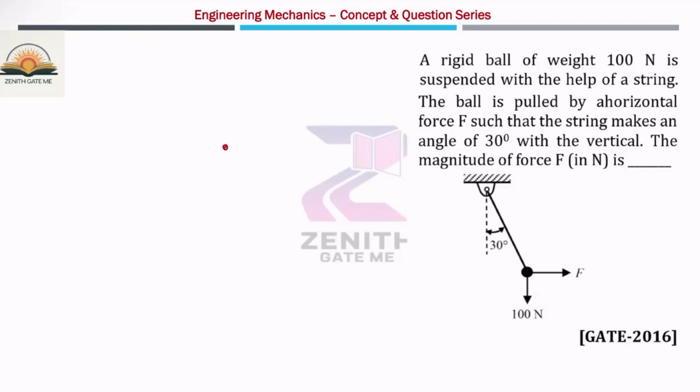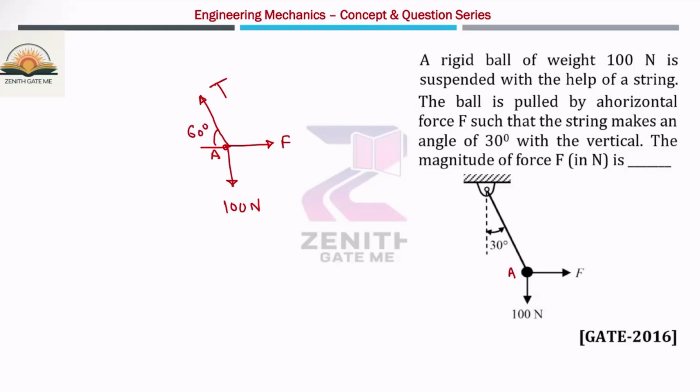So let me first draw, let us suppose this is the point A. One is the force F. This force is 100 Newton. And this force is nothing but, let us suppose, tension T in the string. What is this angle? This angle is 60 degree.